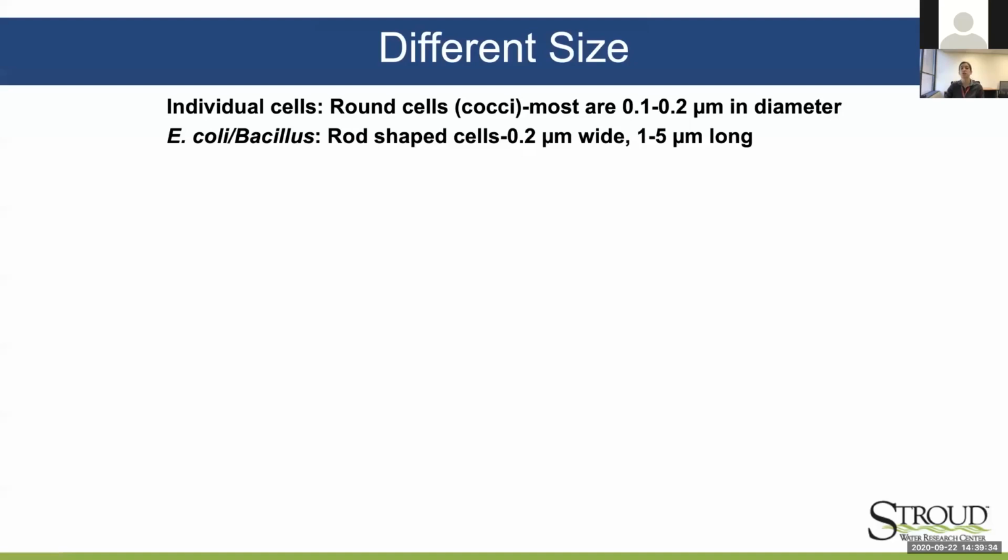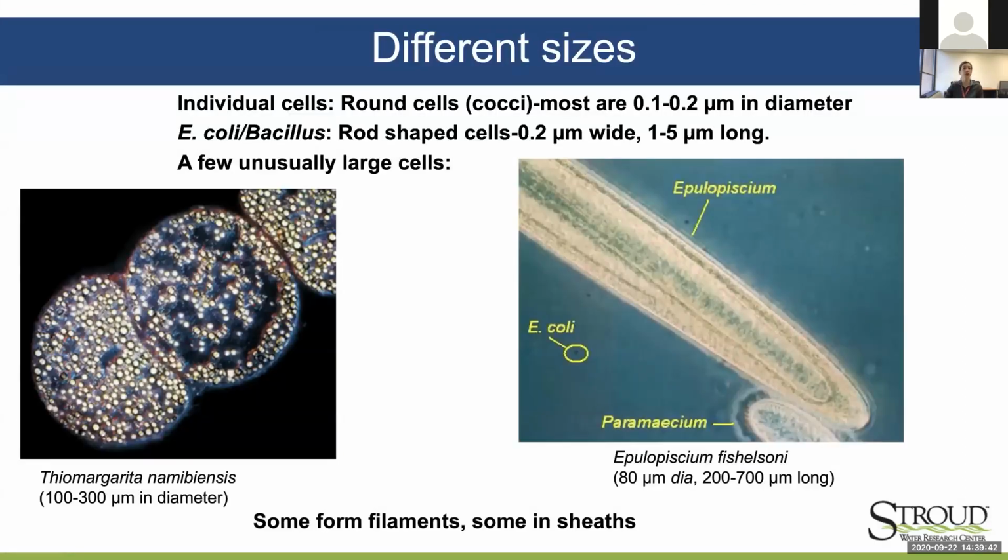And it's interesting to note that bacterial cells grown in the laboratory are usually a little bit bigger than ones in natural environments. And there actually are a few unusually large cells that you can see with your naked eyes. This includes one called Thiomargarita namibiensis, which can be 1 to 300 micrometers in diameter, as well as Epulopiscium fishelsoni, which you can see both of these with your naked eye.